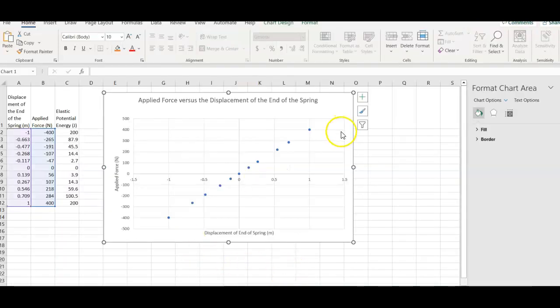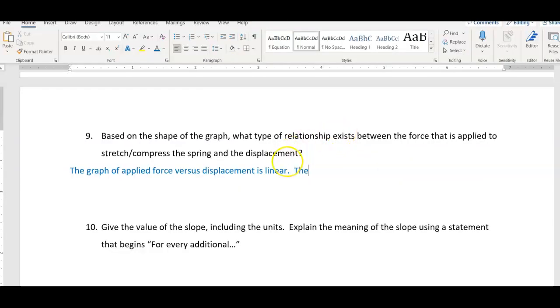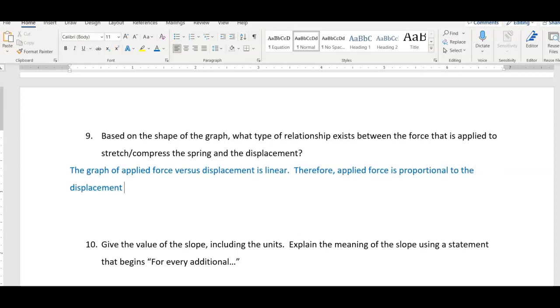It's very nice and linear. Therefore, applied force is proportional to the displacement of the spring. Whenever you have a linear relationship, that means that one variable is proportional to the other.